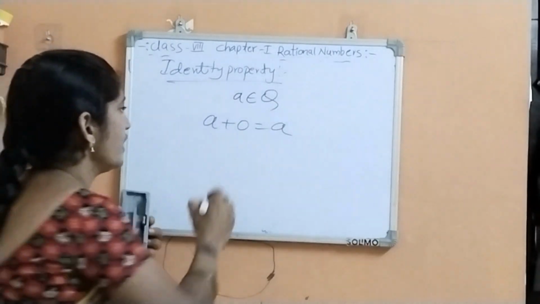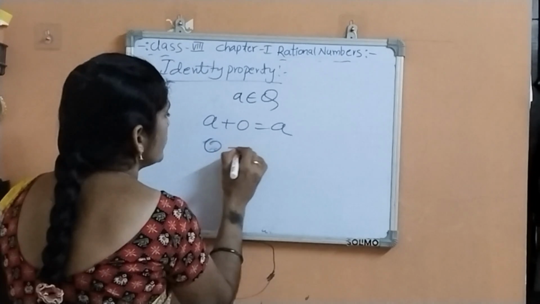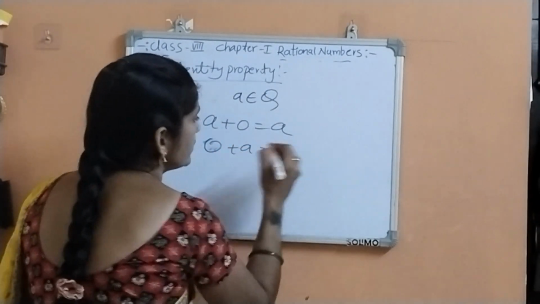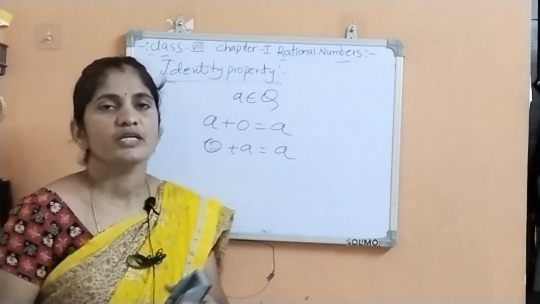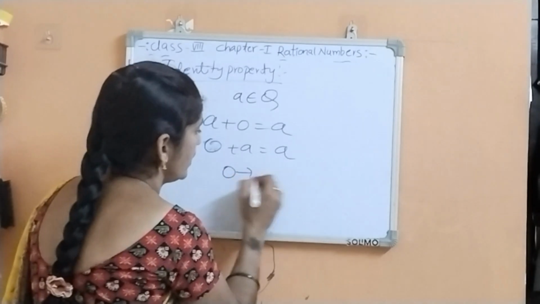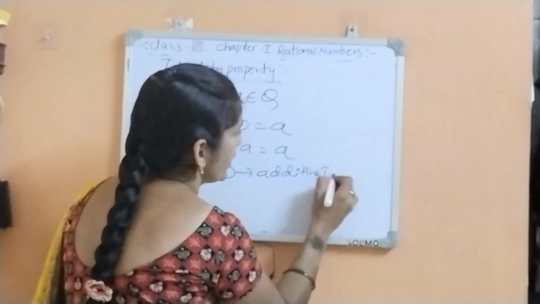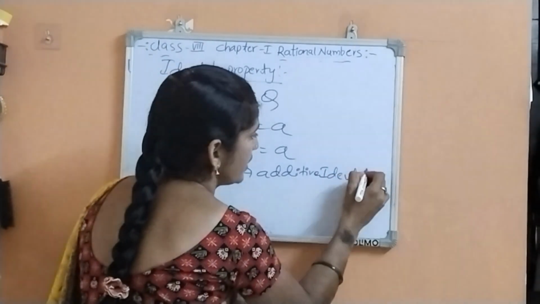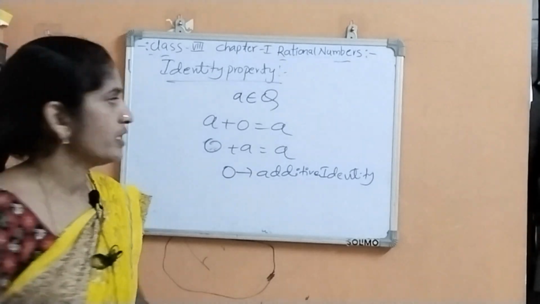If we add a to 0, we also get the same number a. So in this case 0 is called the additive identity of the rational number system.